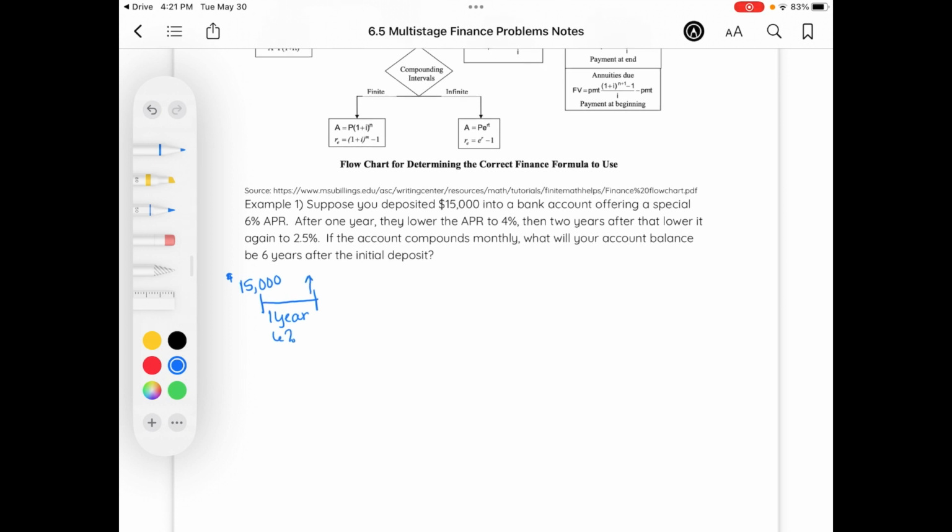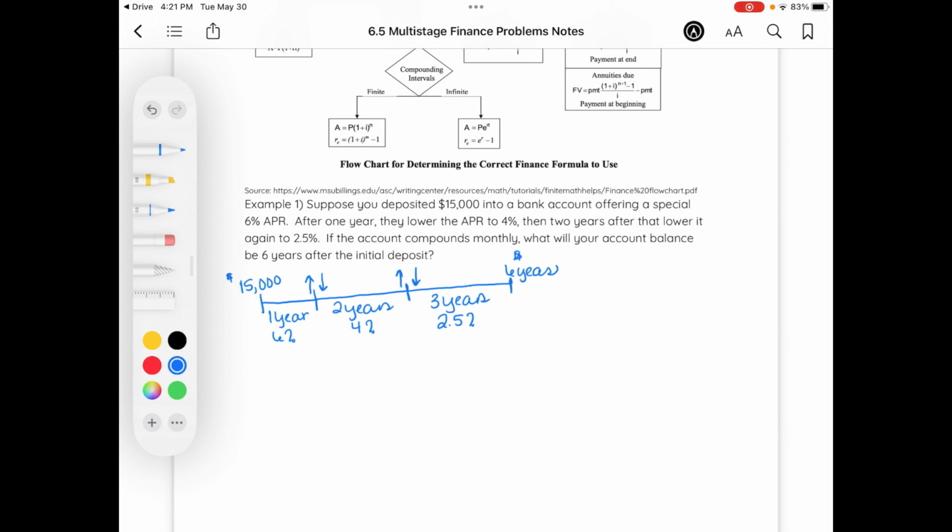I'm going to withdraw that money and deposit into a new account, and this new account is going to be for 2 years at 4%. Again, I'm going to withdraw that money and put it into a new account for 3 years at 2.5%. So after then 6 total years, we'll be able to find out how much total money we have.